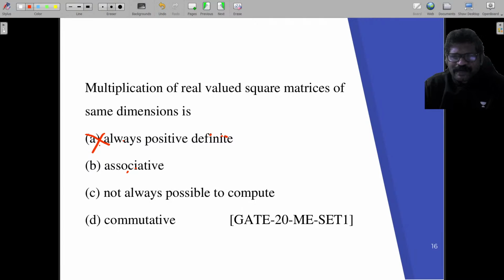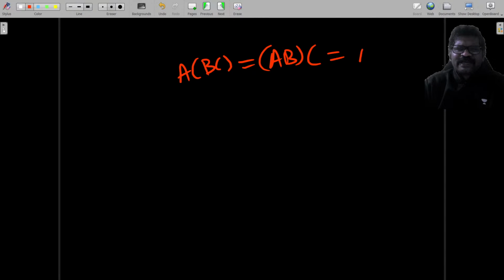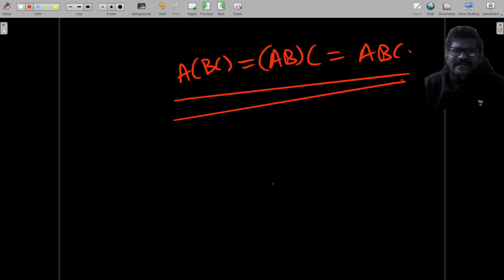Yes, matrix multiplication is associative, not commutative. Not always possible to compute is not correct. So the correct answer is associative. Associative is nothing but A(BC) equal to (AB)C equal to ABC. This is possible, so matrix multiplication always satisfies the associative property.